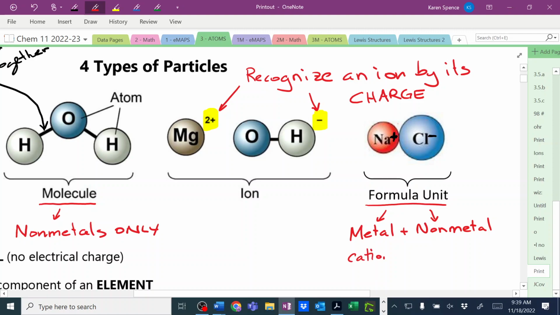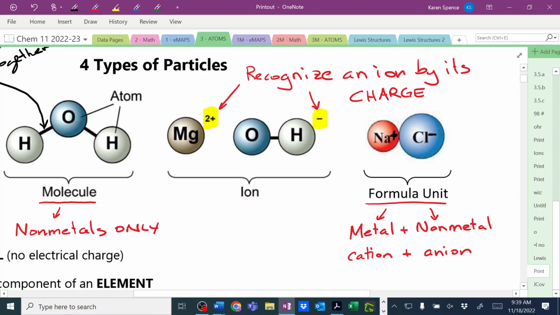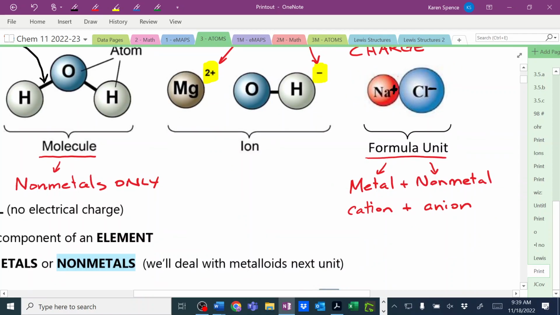Cation plus anion. Positive plus negative.